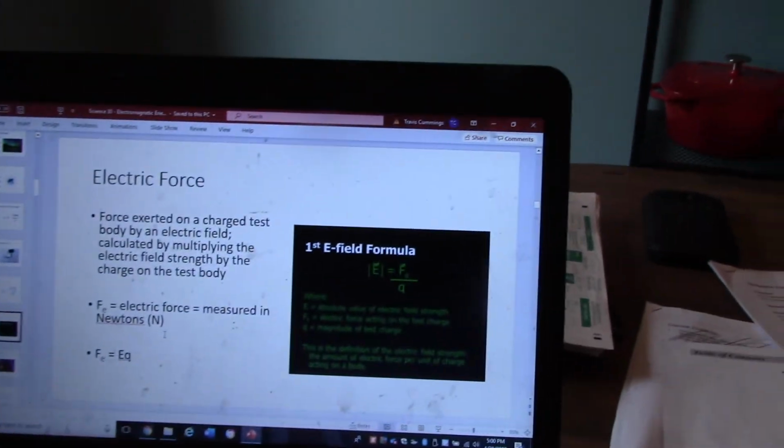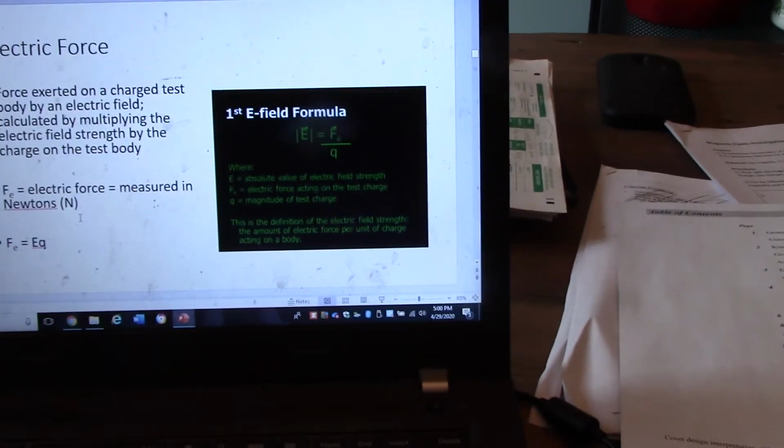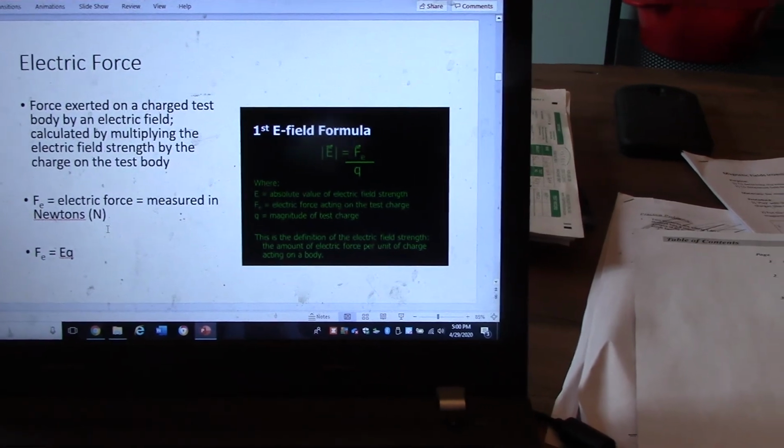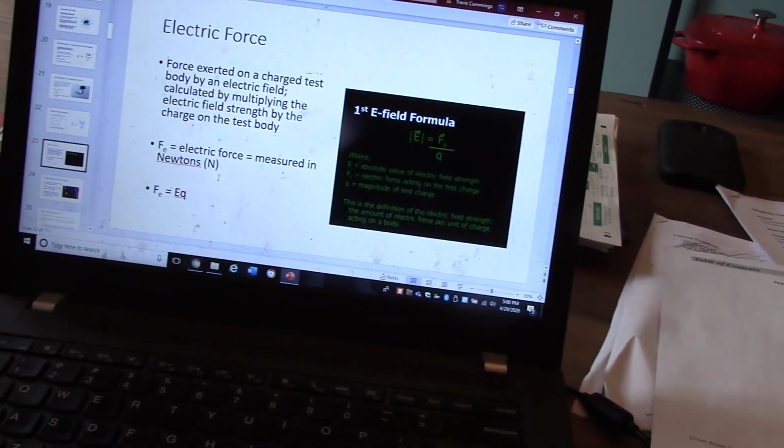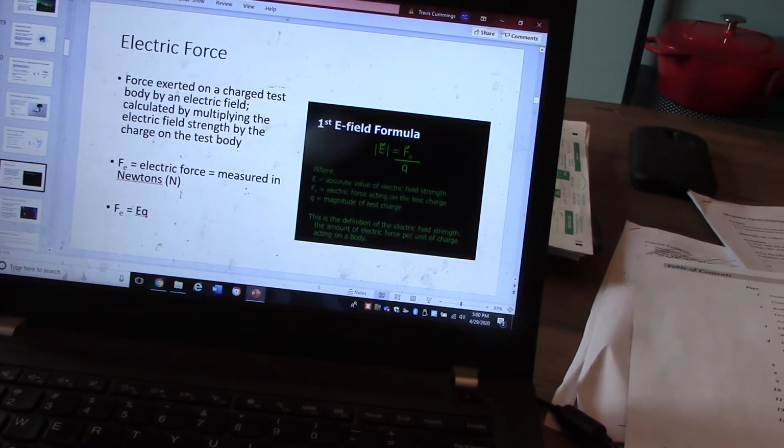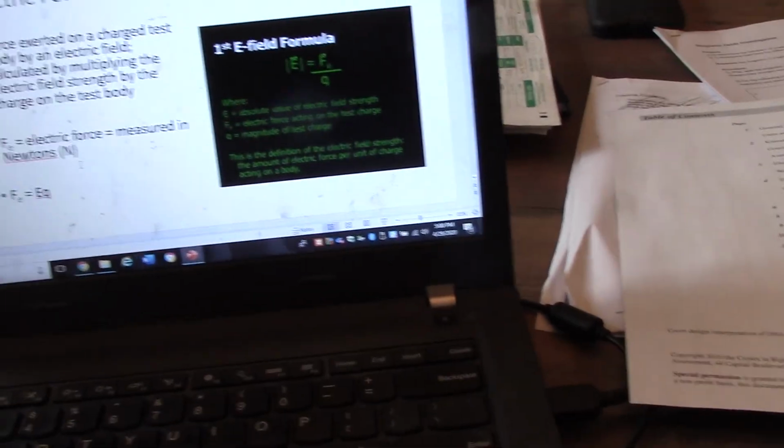So force of electricity is a function of the electric field strength times the magnitude of the test charge, okay?